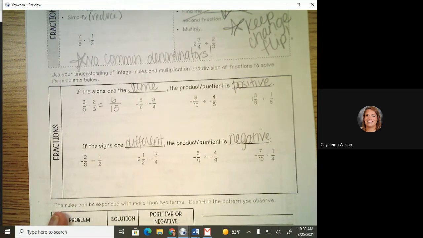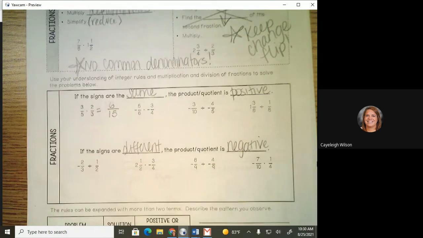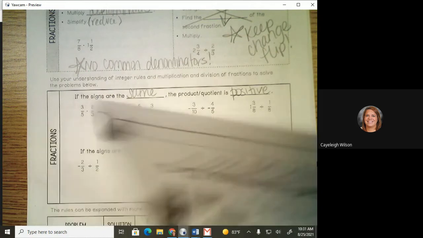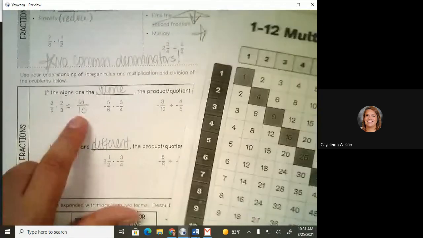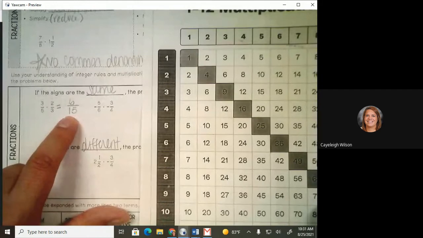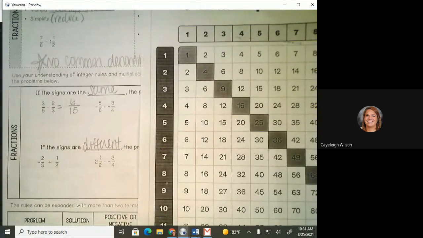And then if I cannot reduce it, I would be done. But this one does reduce. And I'm going to upload a multiplication chart in our folder. If you need help with reducing, this will help. So I'm going to look for 6 and 15 in the same row. Okay. So I'm going to start down here. No 6. Oh, here's a 6, but no 15.